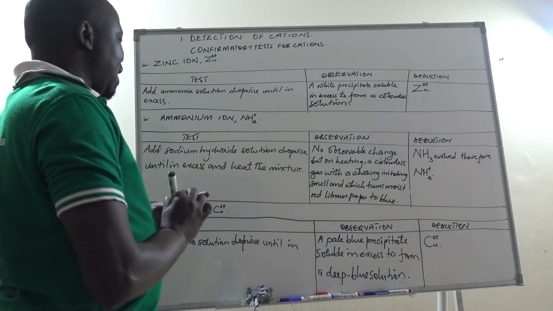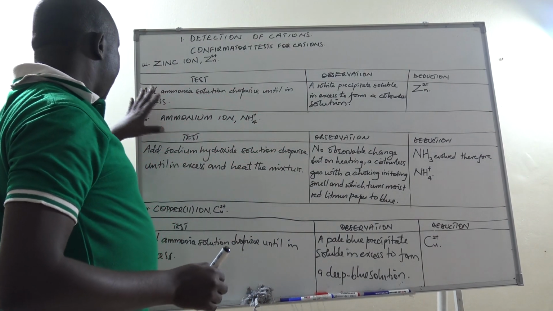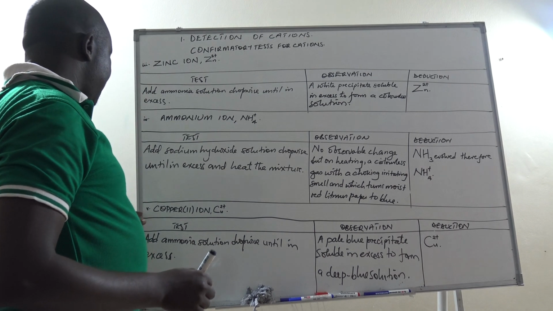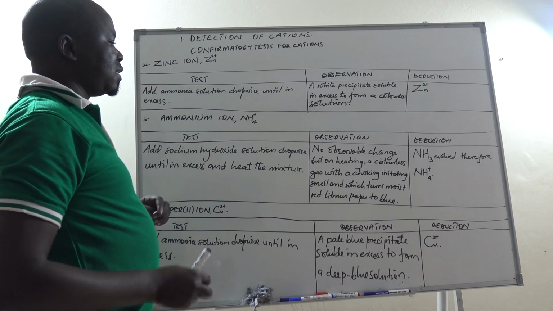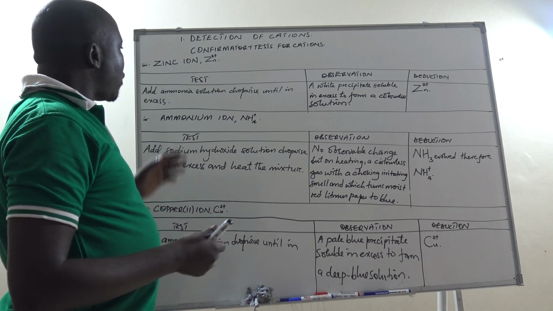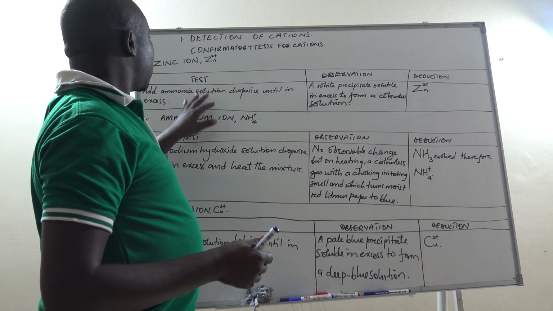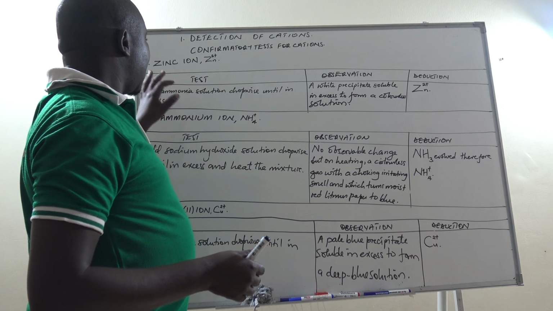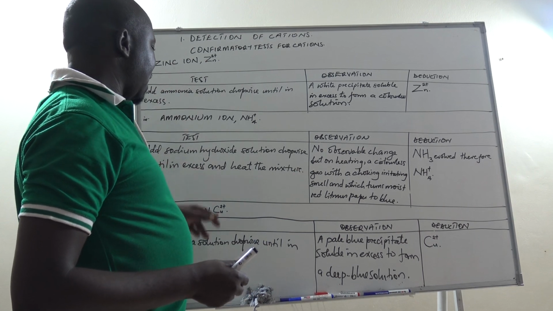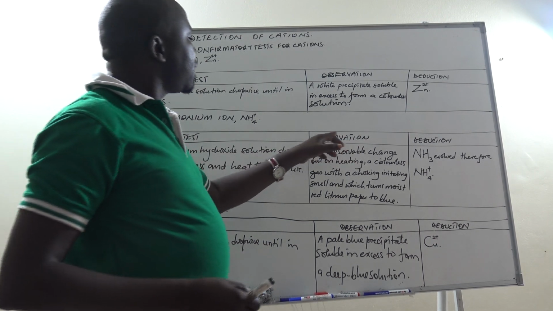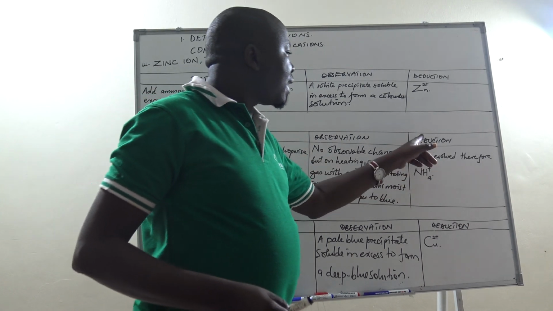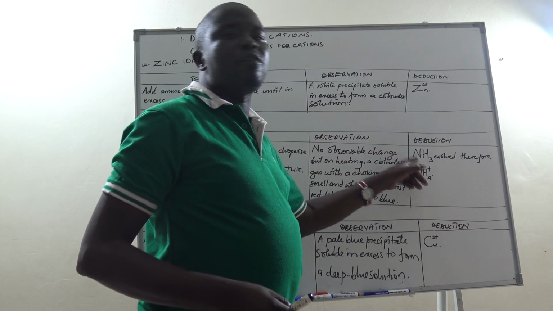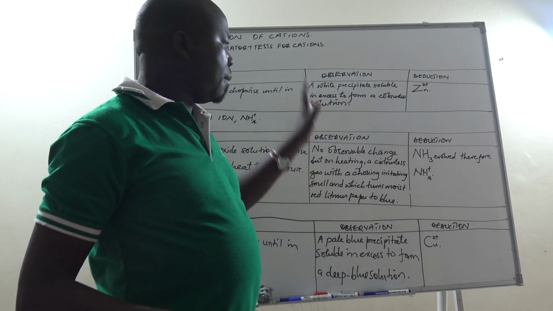So generally what we have seen here from Roman 1 up to Roman 5 are the cations whose confirmatory tests are very clear. So you don't have to forget these tests here because they are the confirmatory tests for these cations. When you get these observations, then it means that the cation that you are testing for, you have confirmed it to be actually present.